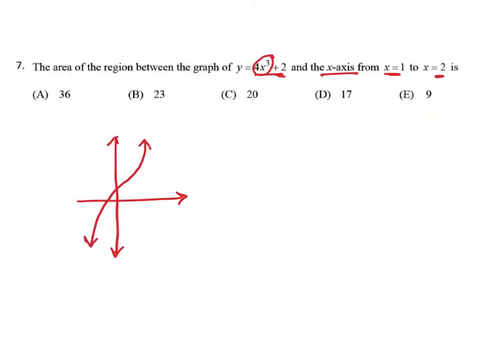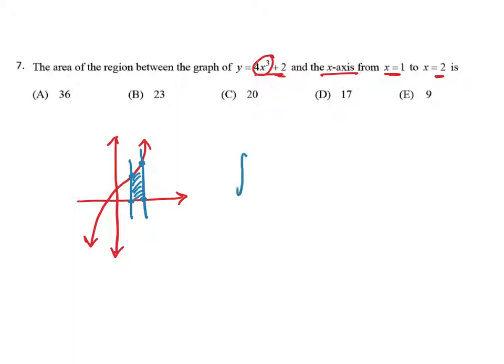And then we're going to have from x equals 1 to x equals 2. That's really giving me my boundaries from 1 to 2. So it is really going through and chopping off that particular area in the x-axis. So we're looking here. And so the area is really just going to be that function between 1 and 2.